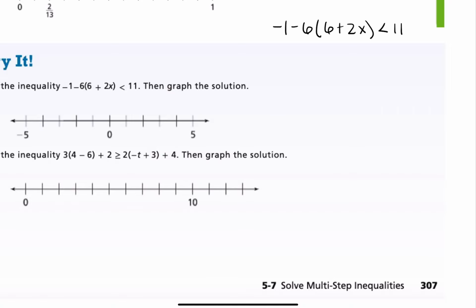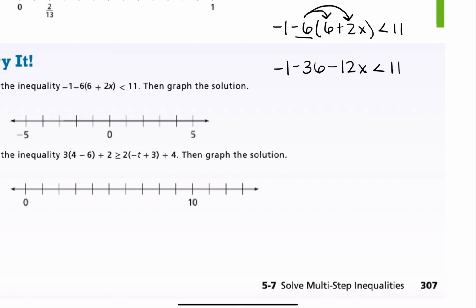We always need to start there, which means we need to distribute this -6. We're going to leave that -1 alone. We'll come back to him. So -6 times 6. I'm going to keep that -1 because I can't lose track of him. And that gives me -36. -6 times 2x gives me -12x. And then I keep my less than 11.